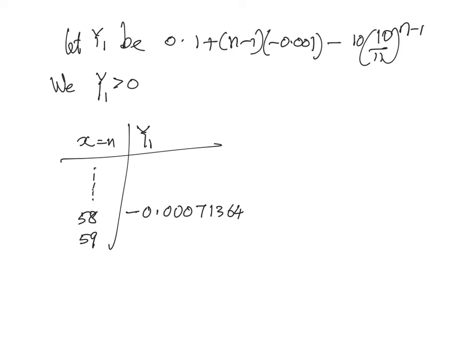Then at 59 you get 0.00226, and that's greater than 0, while the value at 58 is less than 0. Then 60, you also get something greater than 0. So you must write least, the word least should be there.